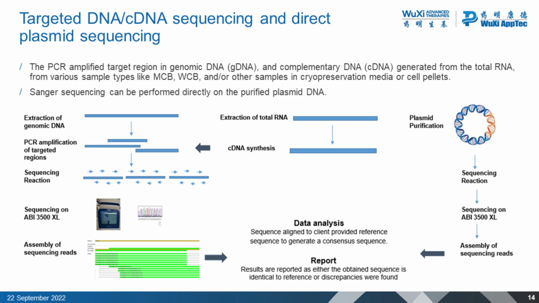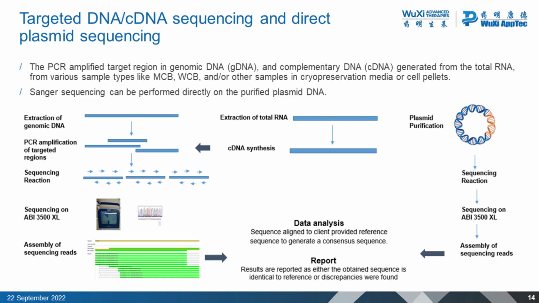Sanger sequencing can also be performed directly on the purified plasmid. It starts by extraction of genomic DNA or extraction of total RNA. In the case of total RNA, it undergoes cDNA synthesis, and then the extracted genomic DNA or the cDNA undergoes PCR amplification of targeted regions using multiple pairs of forward and reverse primers.